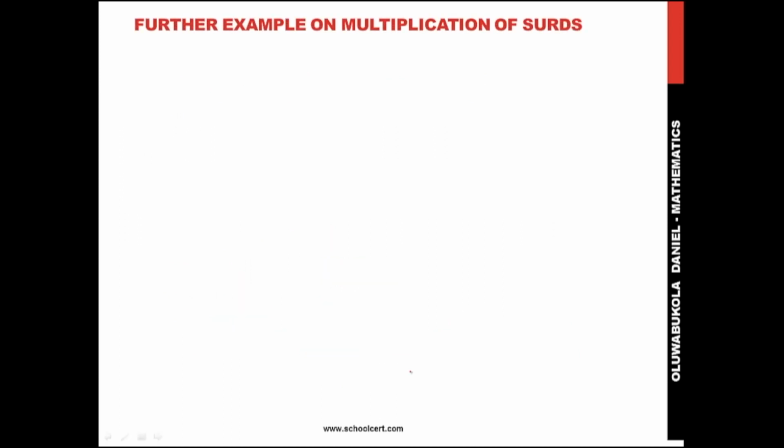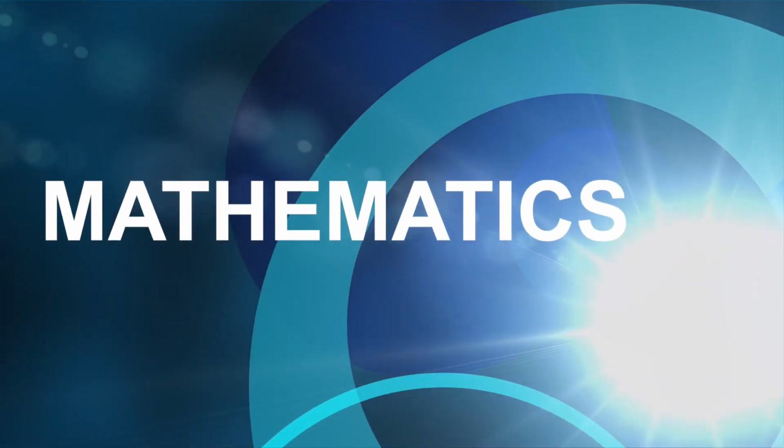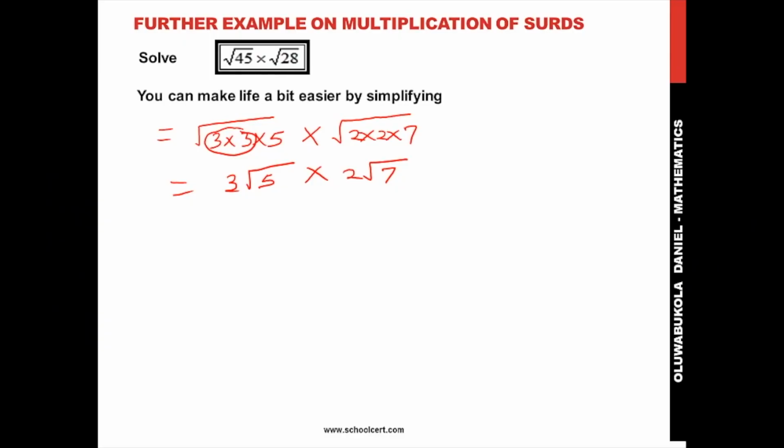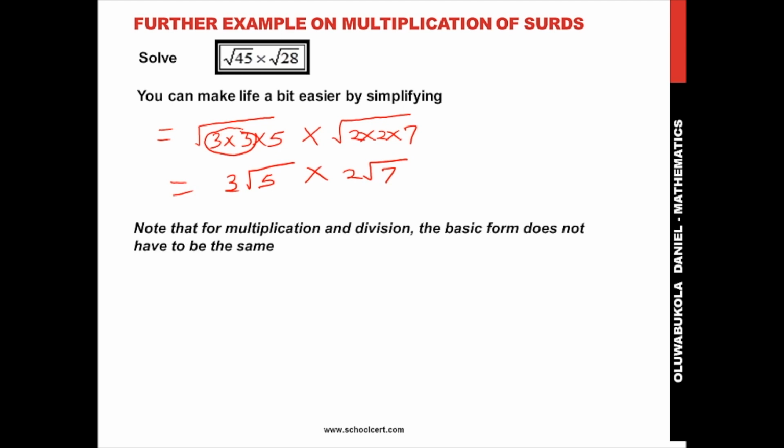So let's take some further examples on multiplication of surds. You have to note at this particular point that for multiplication, they do not compulsorily have to have the same basic form.